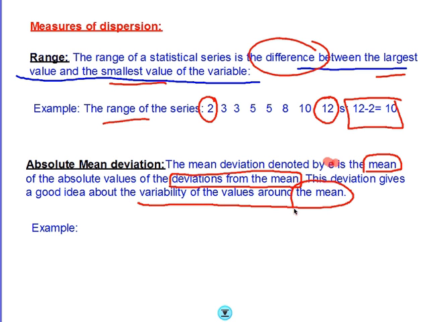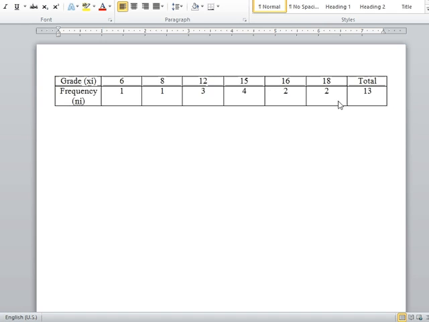Let's take an example on how we can calculate the absolute mean deviation. Let's say you have this table and you want to calculate the absolute mean deviation.